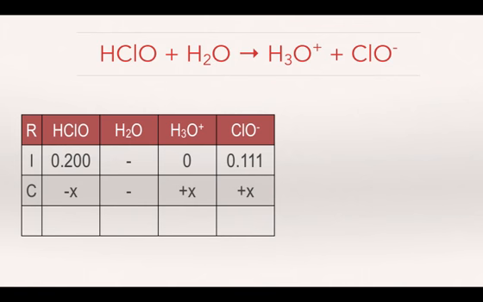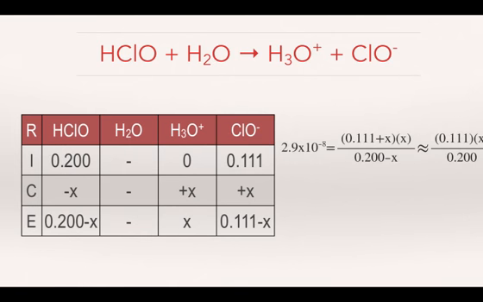As the reaction takes place to come to equilibrium, we will drop our concentration, or minus x, for our hypochlorous acid. We will increase our value for the hydronium ion, and we will increase our value for the hypochlorite ion. At equilibrium, these would be our concentration values. To solve these, we plug into our equilibrium expression for our acid.